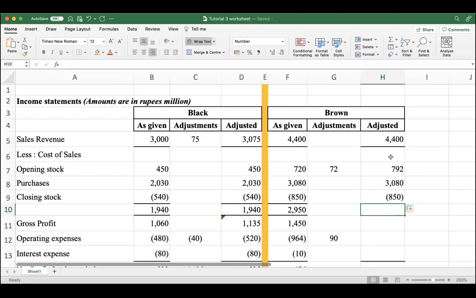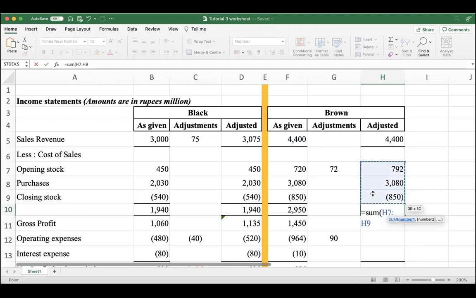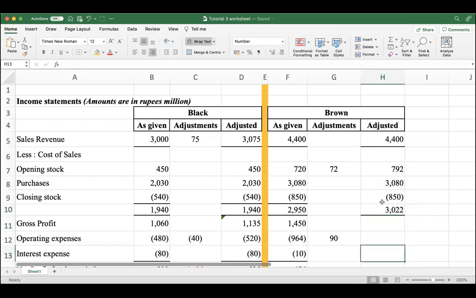Then cost of sales changes. Revised cost of sales is opening stock plus purchases minus closing stock: 3022.